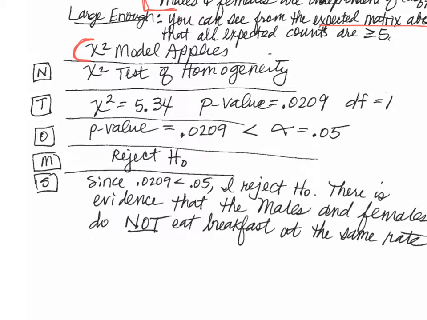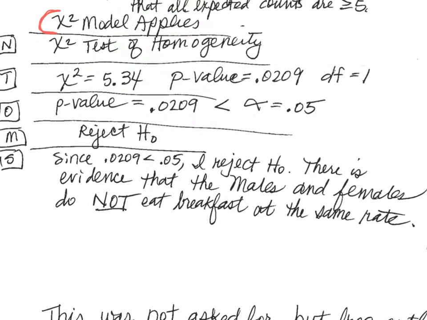All right, where did you do the work for this one in your calculator? In the matrix, and I'll show you that in a second. But the results you get were 5.34 for chi-squared. List your p-value. And how do you get degrees of freedom again by hand? Rows minus 1 times columns minus 1.